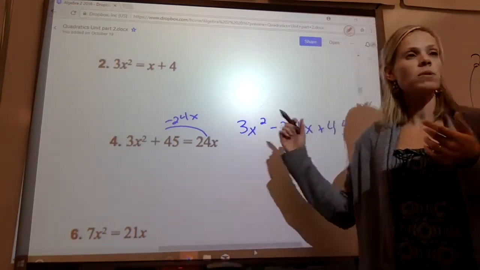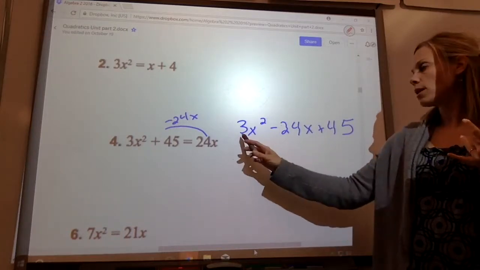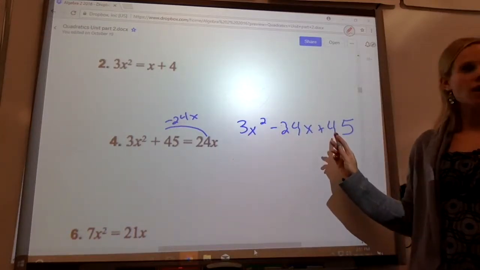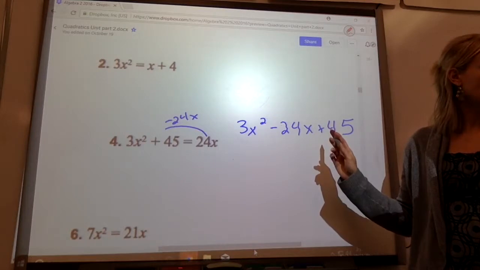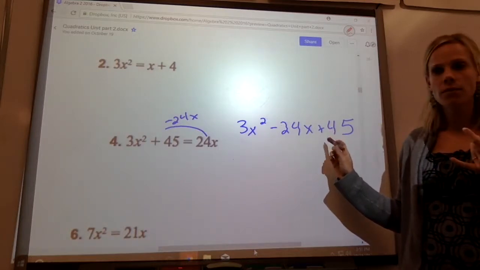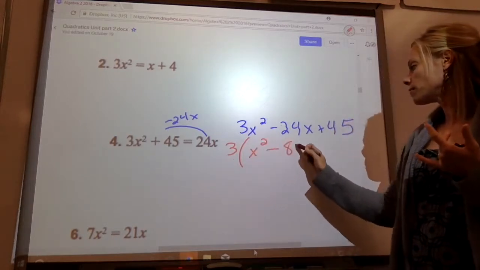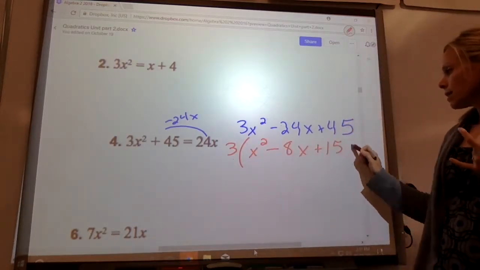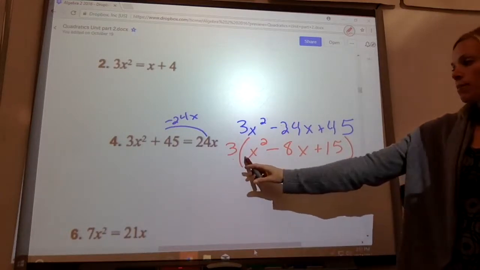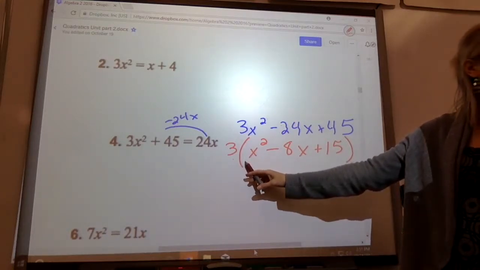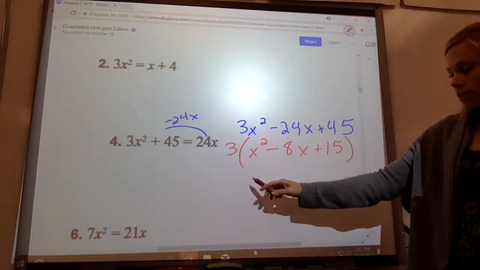So when I write out this problem, I notice that, oh, wait a minute, 3, 24, and 45, they all have a common factor. What can I factor out of all 3 numbers? A 3. And by factoring out a 3, see how it makes my numbers smaller, and it even made my a 1? So I can factor the easier way.